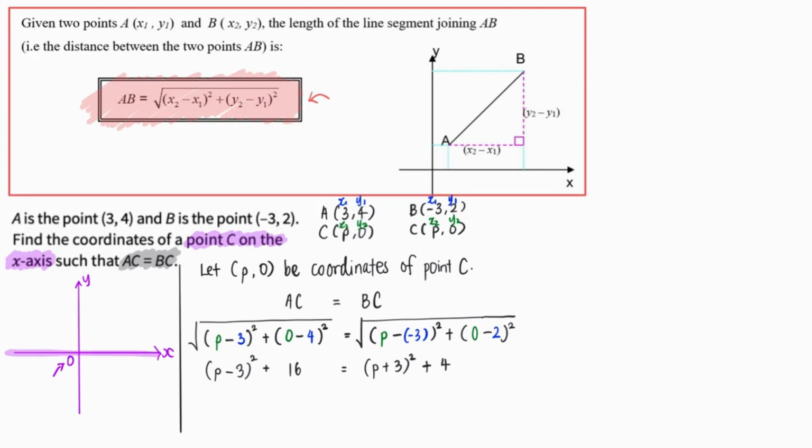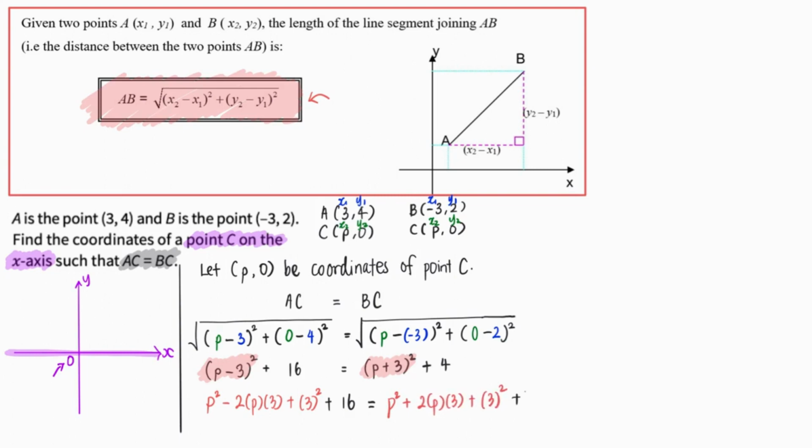At this point I would expand and simplify the brackets. So this one will give me P square minus 2 times P times 3 plus 3 square, if I make use of the special algebraic product. I apply the same algebraic product for this, I would have P square plus 2 times P times 3 plus 3 square.